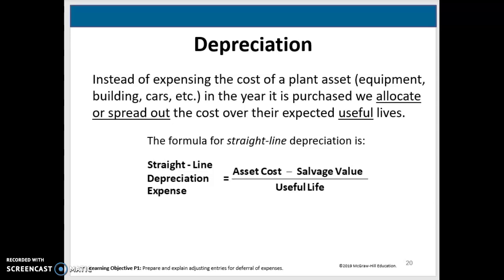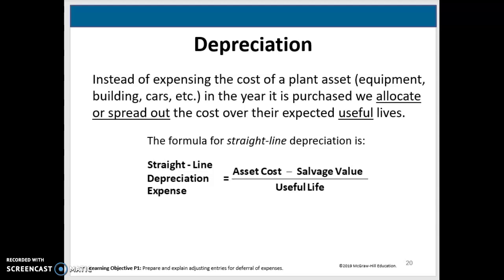So, the next section of prepaid expenses or deferred expenses is called depreciation. It's a special category of the prepaids, and with this one we have what we call long-term tangible assets that we use to produce either a product or might use it to provide a service.